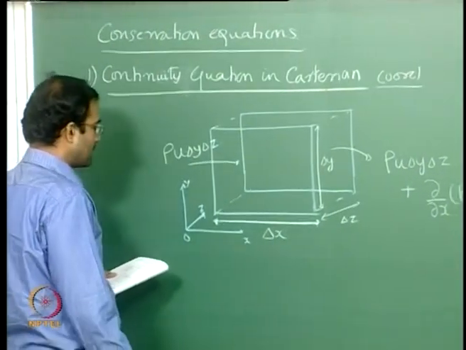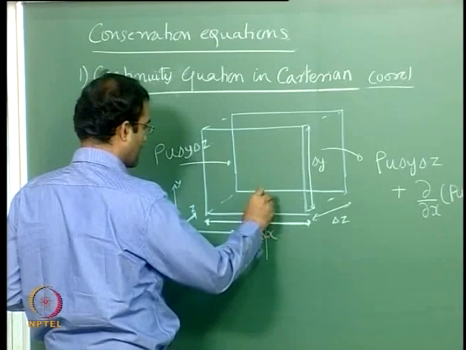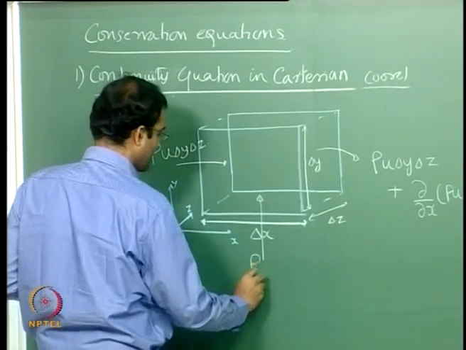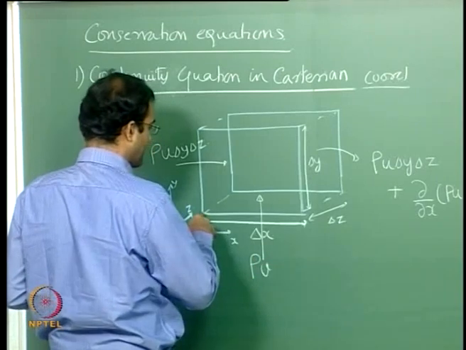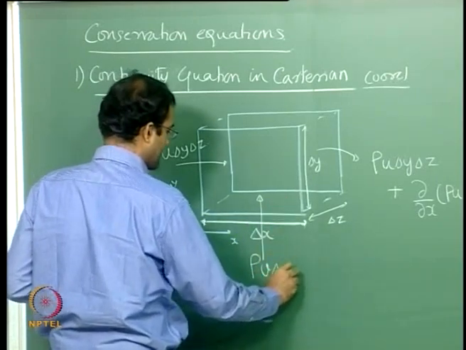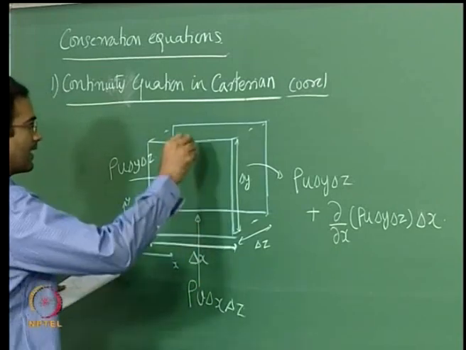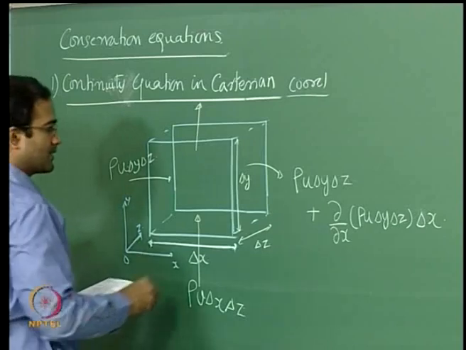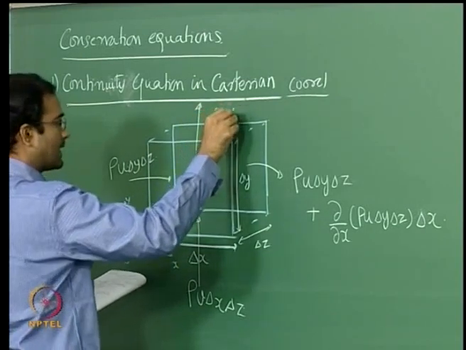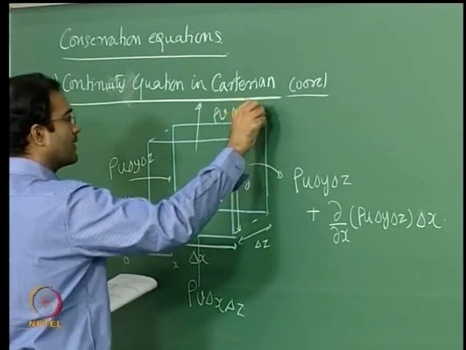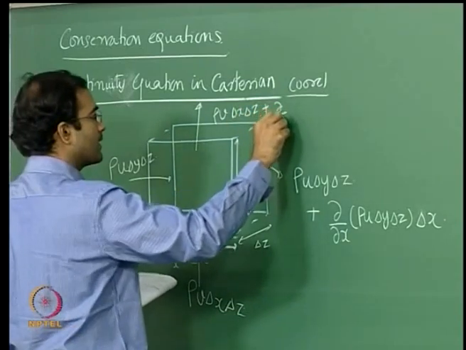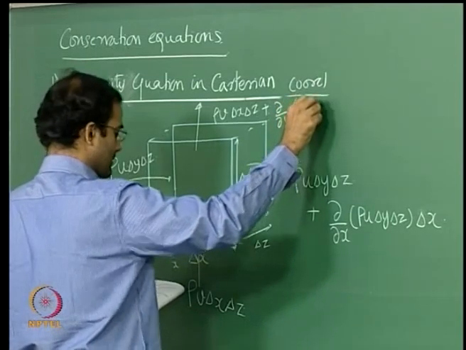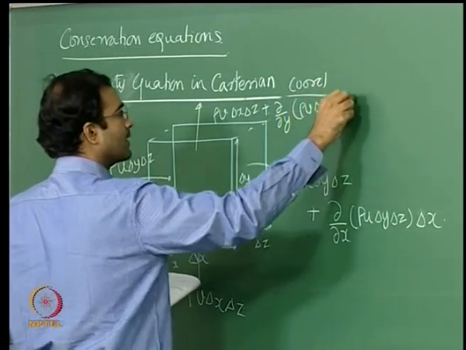Similarly, the mass flow rate entering the control volume from the bottom plane is rho v multiplied by the cross sectional area, delta x times delta z, and the flow rate leaving from the top surface is rho v delta x delta z plus d by dy of rho v delta x delta z into delta y, due to the gradient in the y direction.